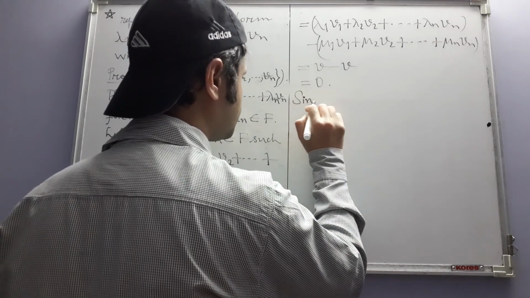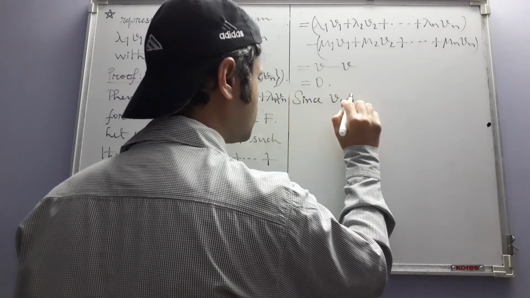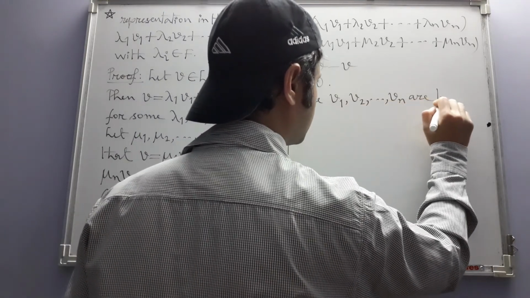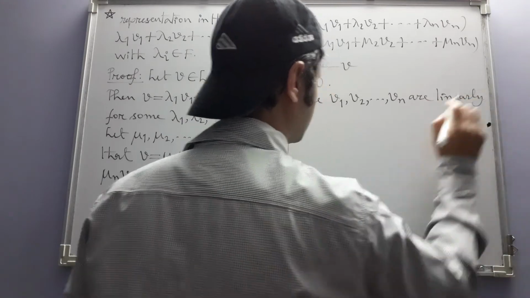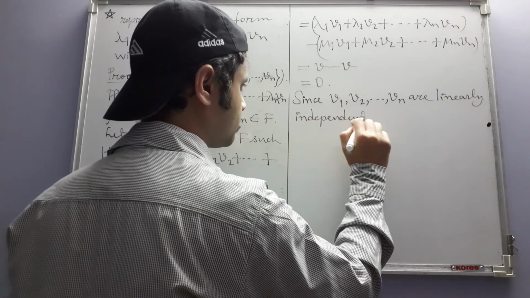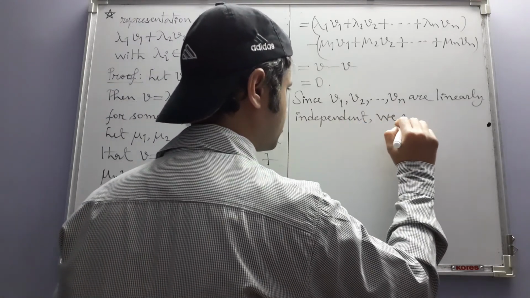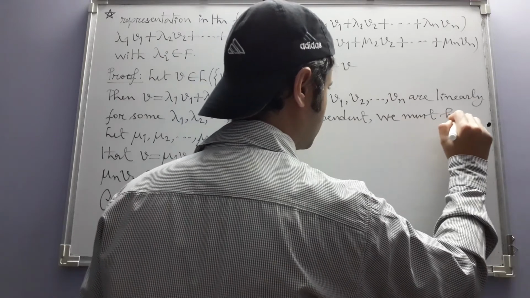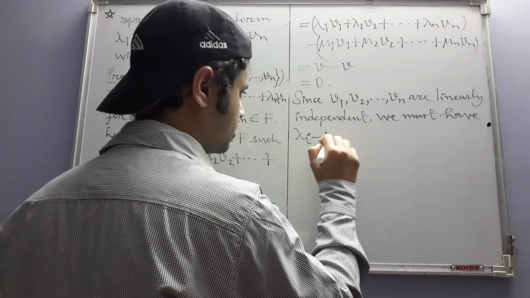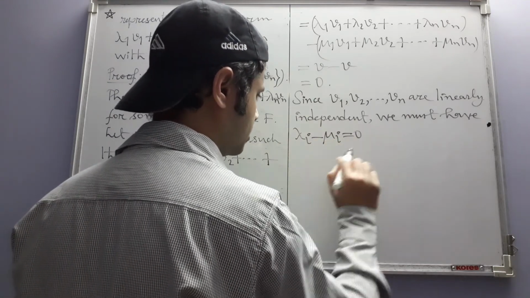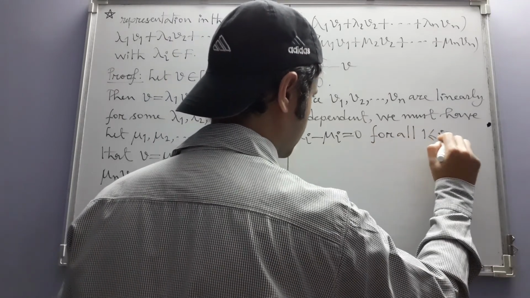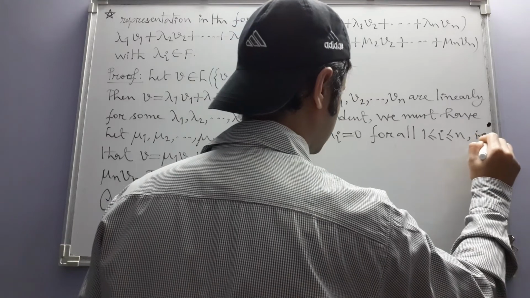Since these are linearly independent, we must have lambda i minus mu i equal to 0 for all i varying from 1 to n.